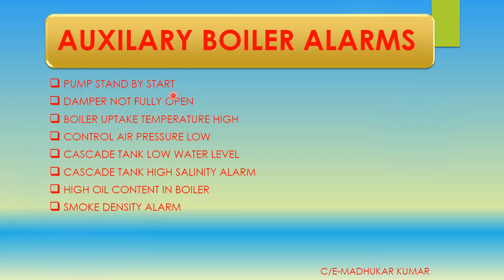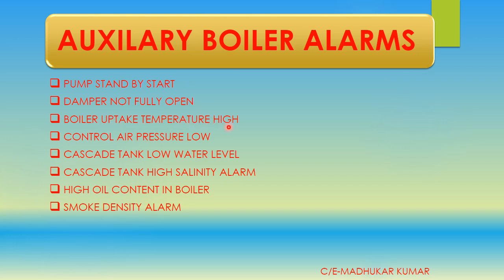Pump standby start: suppose feed pump 1 is running, and due to a drop in pressure or something, pump number 2 starts automatically. This must give an alarm so that you can attend to pump number 1. Damper not fully open: the air fuel ratio has to be adjusted, so this must be checked.